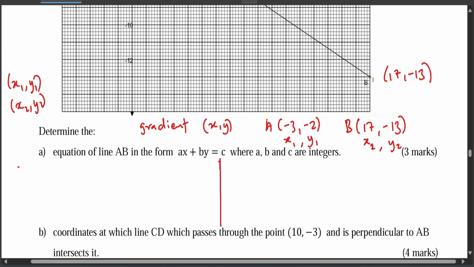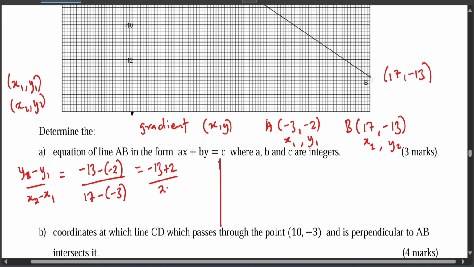For now nitatumia y2 minus y1 over x2 minus x1, change in y over change in x. So y2 yetu -13 minus -2 over x2 minus x1, which is 17 minus -3. So this one gives us -13 plus 2 over 20, which is -11 over 20. So that is our gradient.